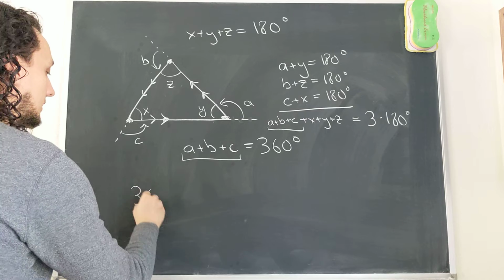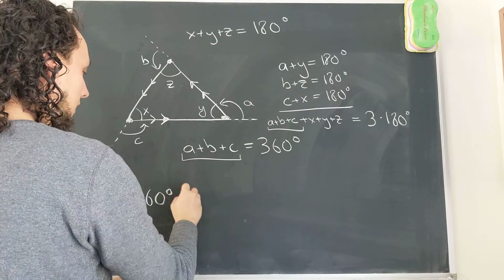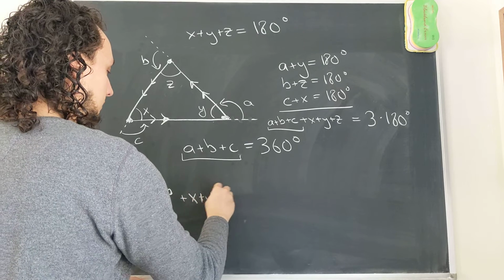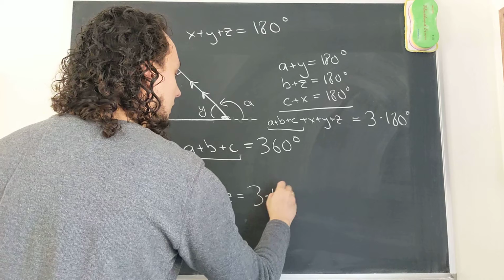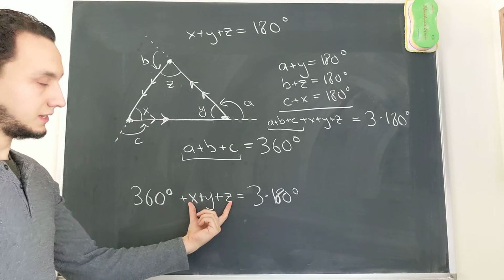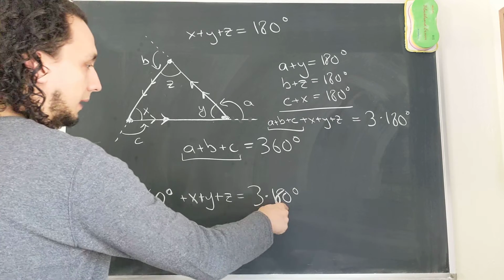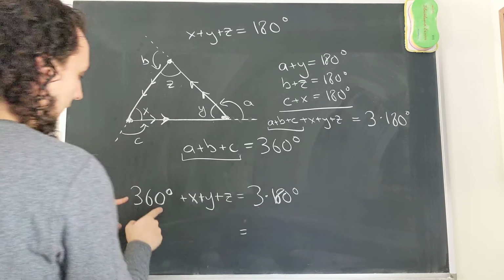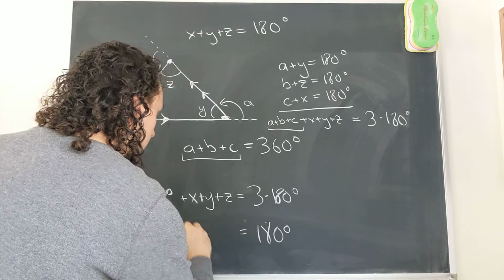So what I have here is 360 degrees, substituting this in, plus X plus Y plus Z equals 3 times 180 degrees. This is what I want to solve for. And I can do it because 3 times 180 degrees minus 360 degrees is just 180 degrees.